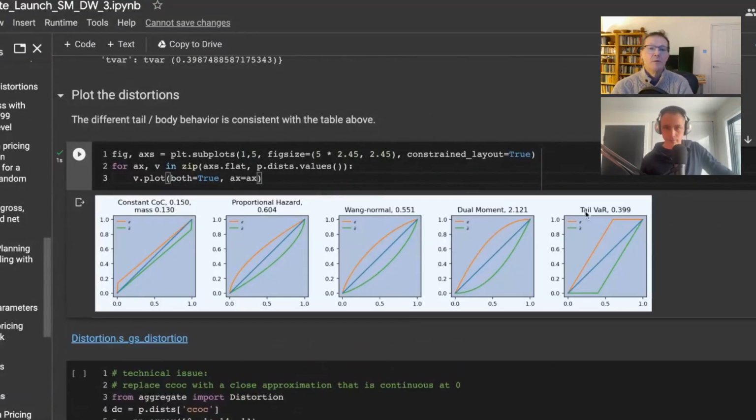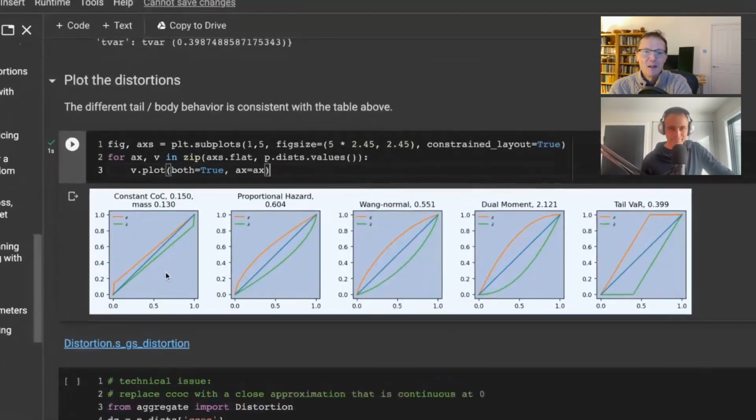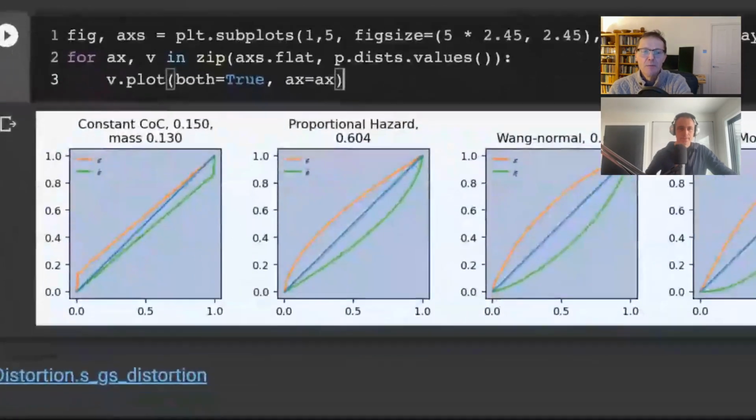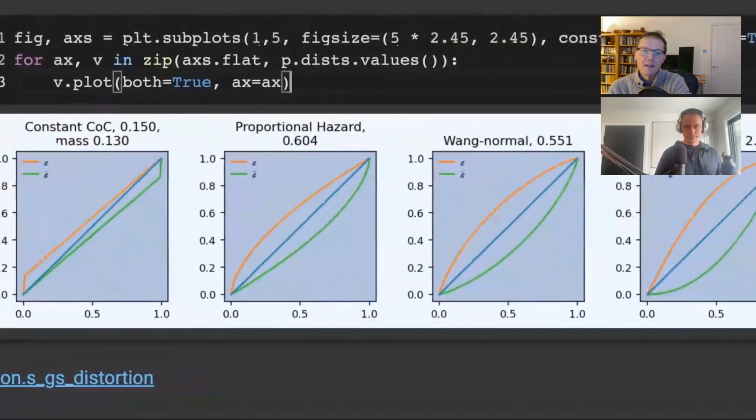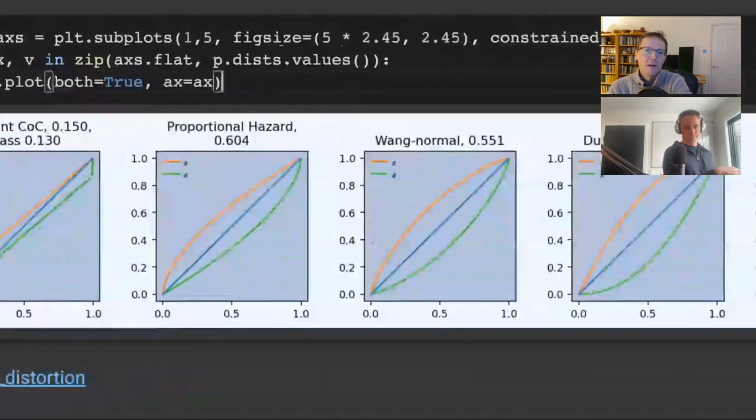We could probably spend a long time on this. The first one is constant cost of capital; let's come back to that one. Let's start with the proportional hazard one. The orange line there is S to the power 0.6, so a little bit more than the square root.